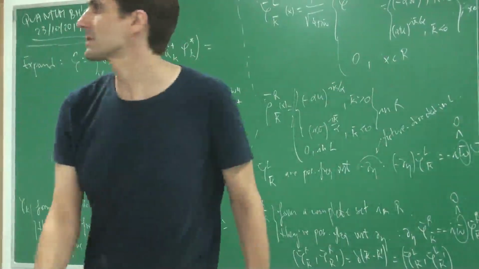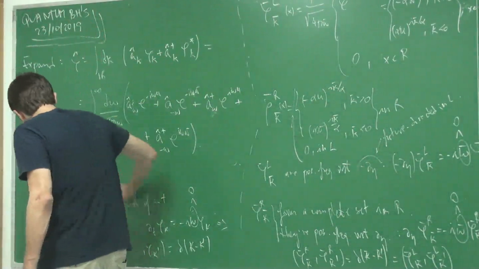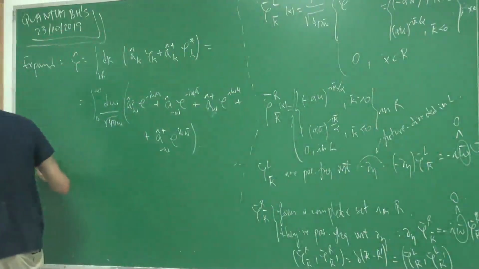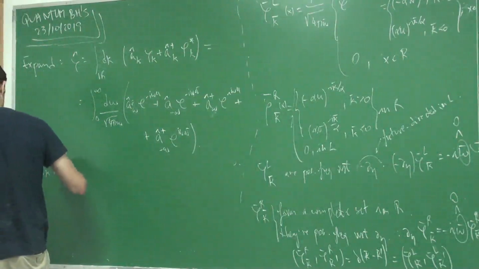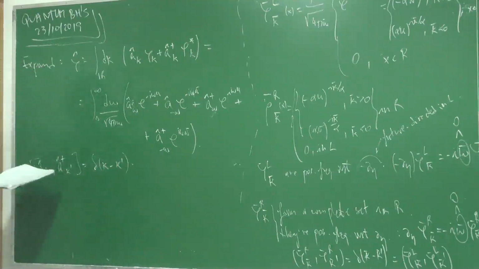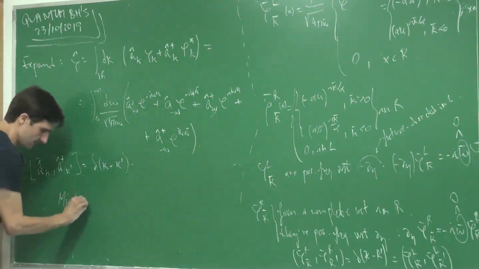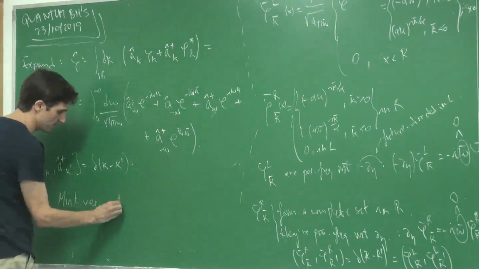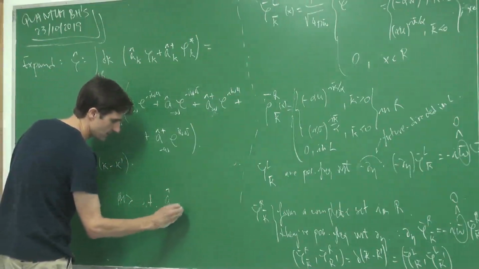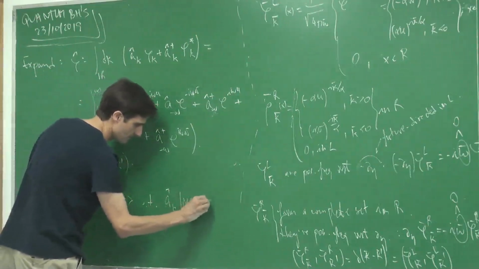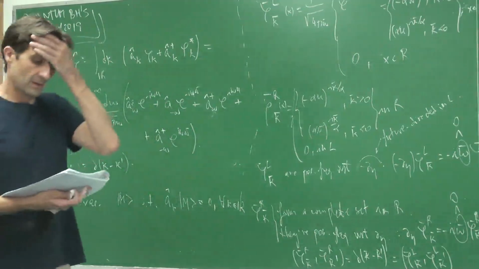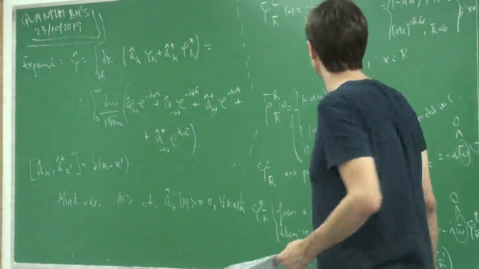You impose the commutation relations, and the Minkowski vacuum is, like we know, the vacuum M such that it's annihilated by all these a_k's. And you do the same thing in the Rindler frame.